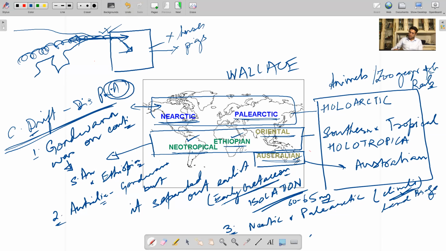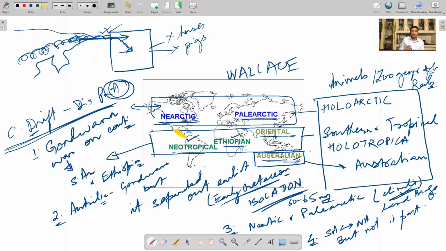And the fourth important concept is that as of now, Neotropical and Nearctic, South America and North America, are connected. But it was not always so, not in the past. The Isthmus of Panama, this narrow belt that you have here, this is the Isthmus of Panama.